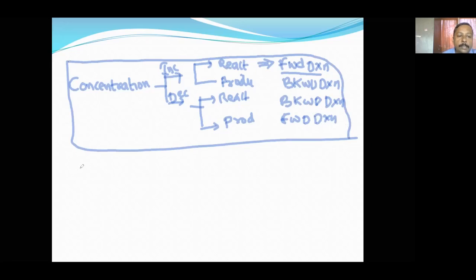Next, after concentration, temperature we have already studied. If it is endothermic or exothermic, what is that principle? Van 't Hoff equation. Endothermic in the forward means exothermic in the backward, so I will take endothermic in the forward.